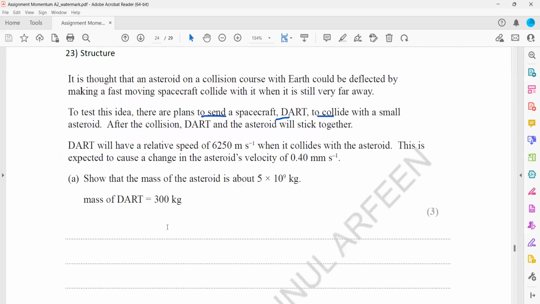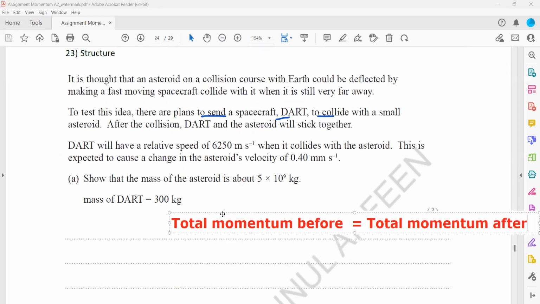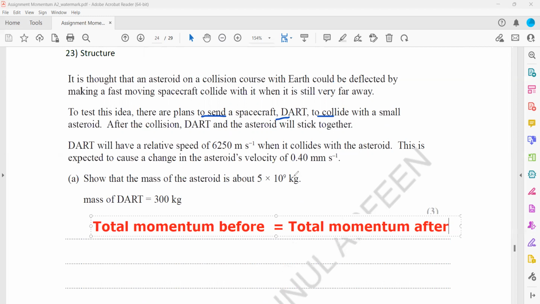So according to conservation of momentum, the total momentum before collision is equal to the total momentum after collision. In this question, because the change in the velocity is very small, 0.4 millimeter per second, you can consider that the change in the velocity for the dart is also very small.